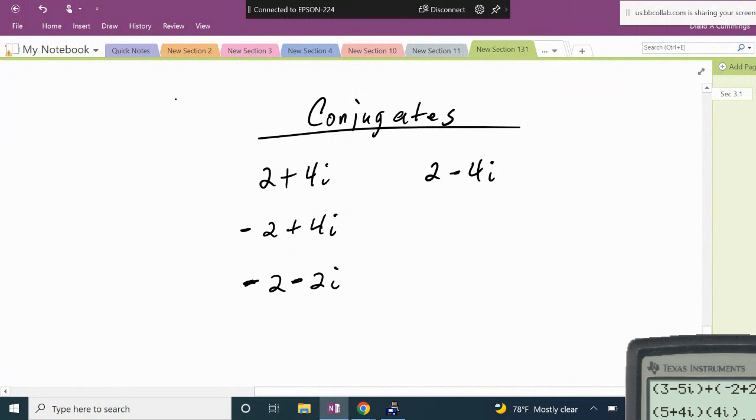The first number, the real number, stays the same. The only sign that changes is the imaginary unit. So if we look at that second term, negative 2 plus 4i, its conjugate would be negative 2 minus 4i.